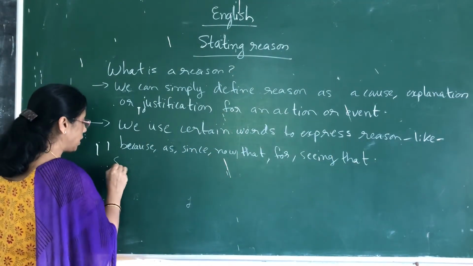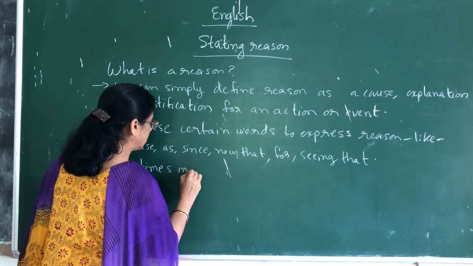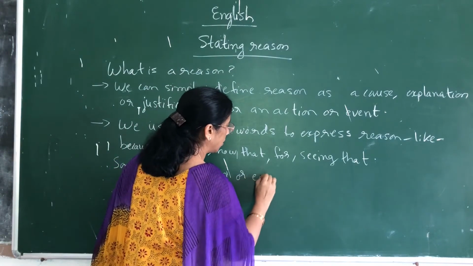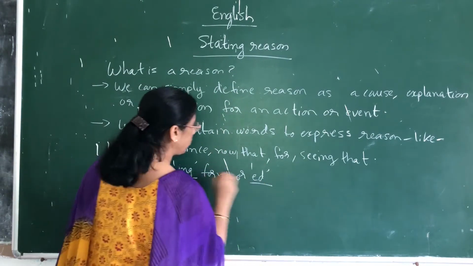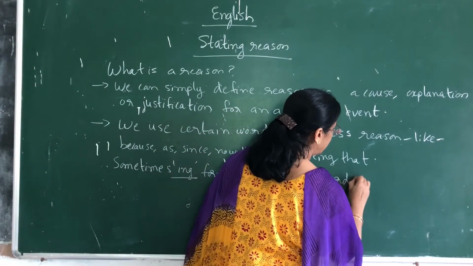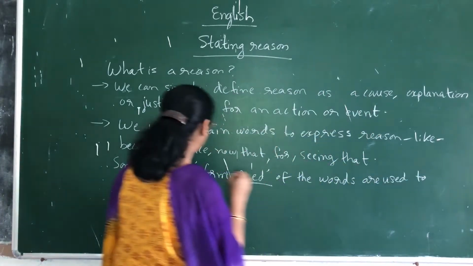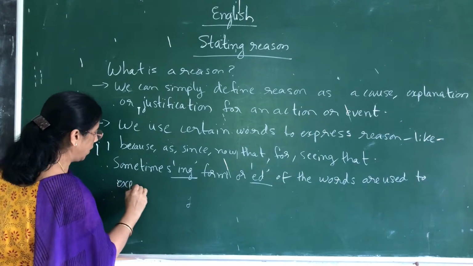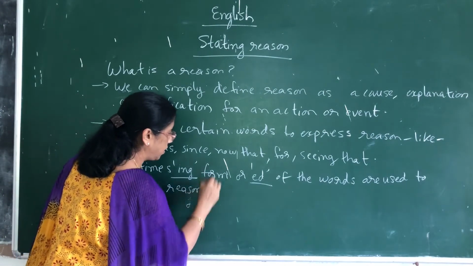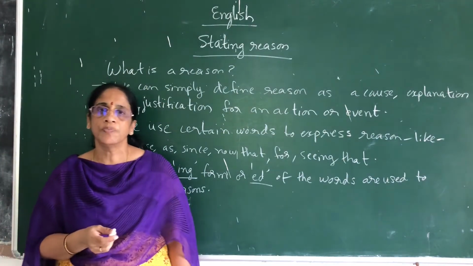I told you sometimes the ing form or ed form of words are used to express reasons. Is it okay, children? I hope you are understanding what I am trying to say.